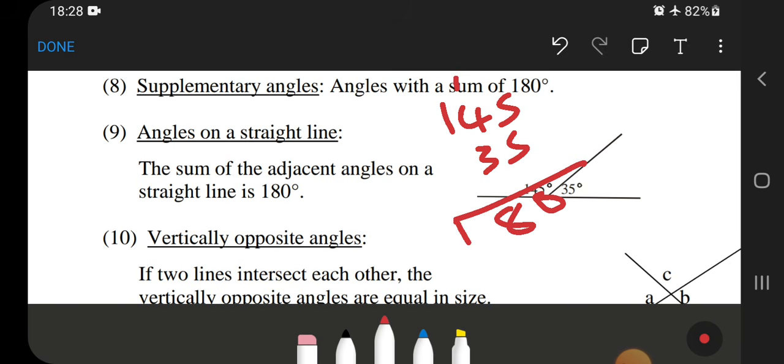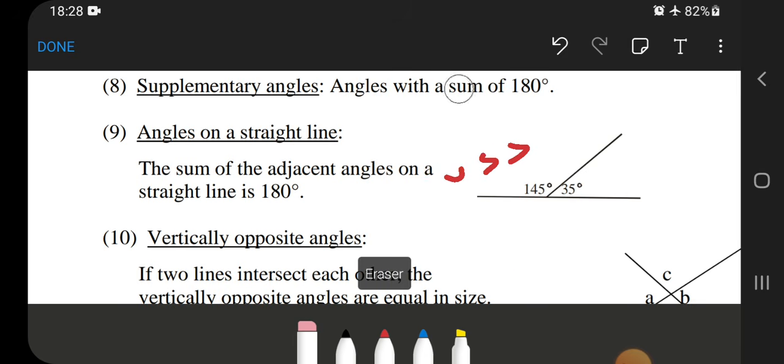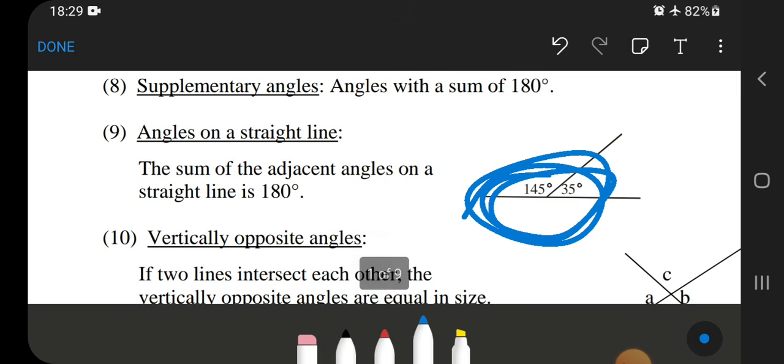So we have 8, and 1 plus this here is 0. We have 180. So we know that these angles are supplementary. Anything on a straight line, those angles on a straight line that add up to 180, are supplementary. So angles on a straight line are supplementary. That's the reason you will give here.